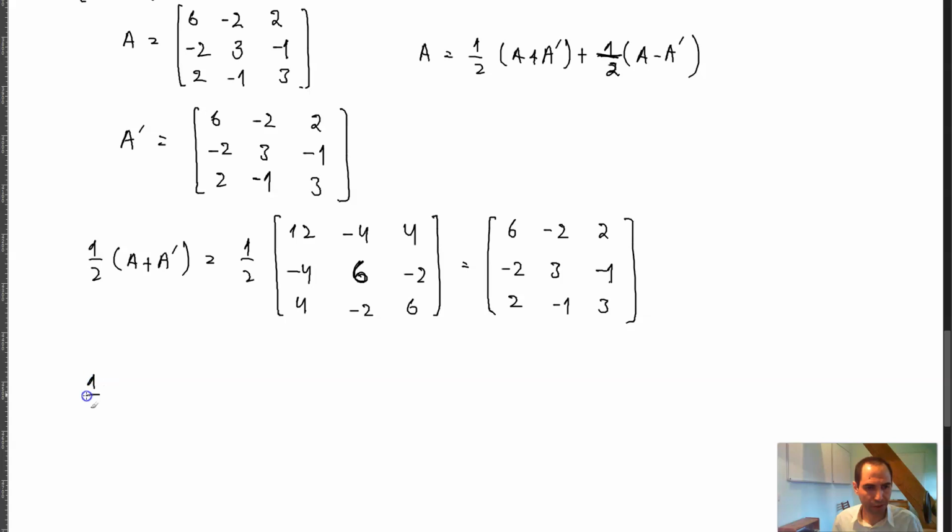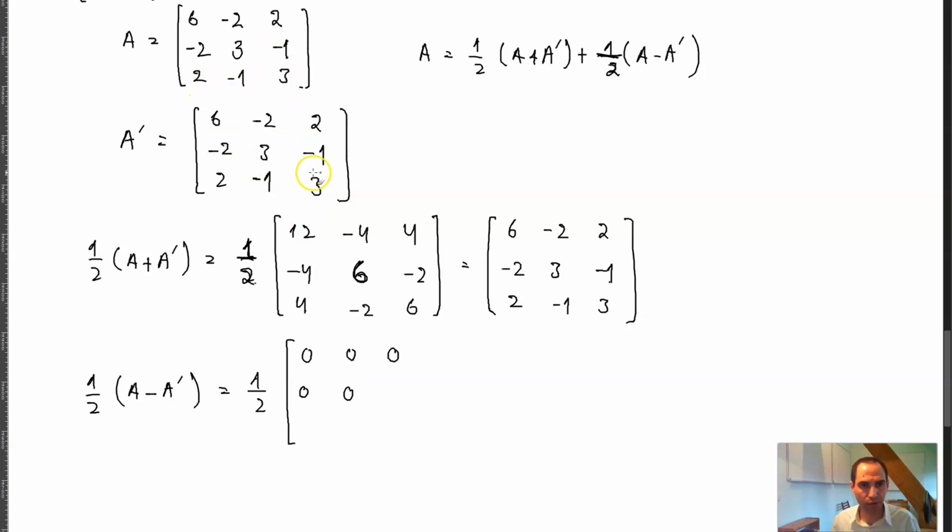And 1/2 of A minus A prime is equal to 1/2 of this matrix minus this matrix. 6 minus 6 is equal to 0. -2 minus -2 is, well, it is 0, of course. 2 minus 2 is equal to 0. -2 minus -2 is equal to 0. 3 minus 3 is 0.